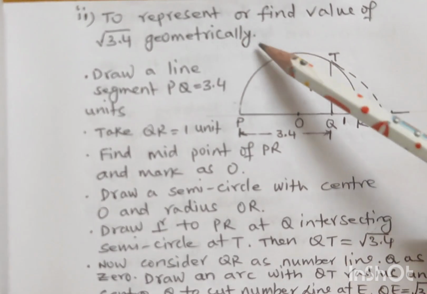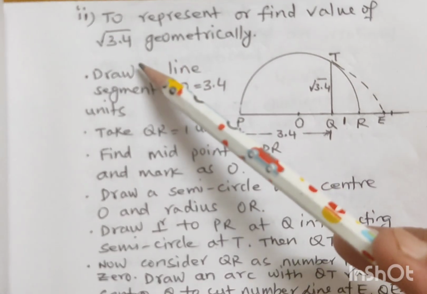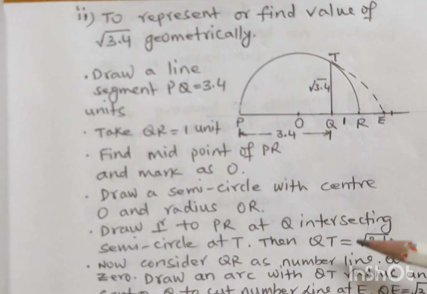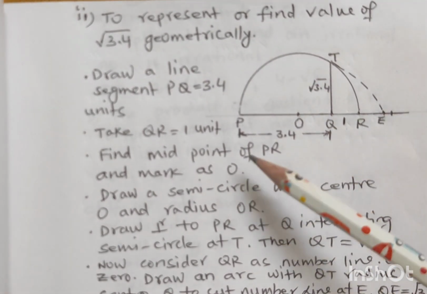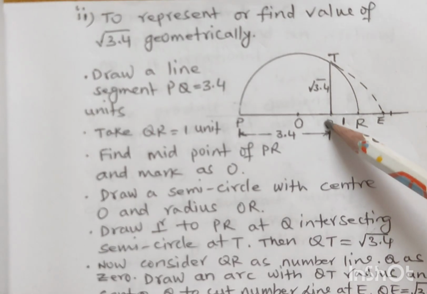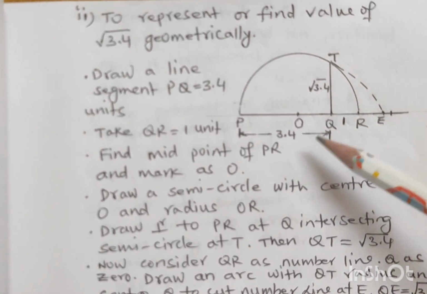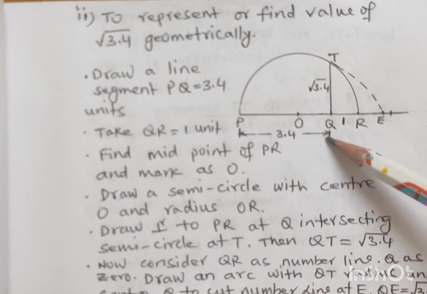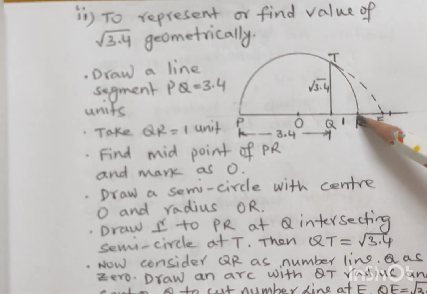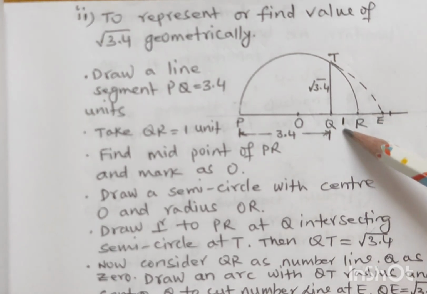To represent or find the value of, say, root 3.4 geometrically, we draw a line PQ with length 3.4 units. We take QR as another line segment measuring 1.